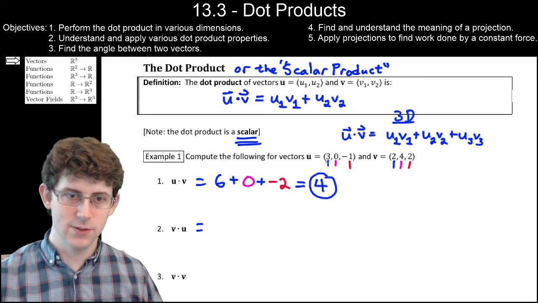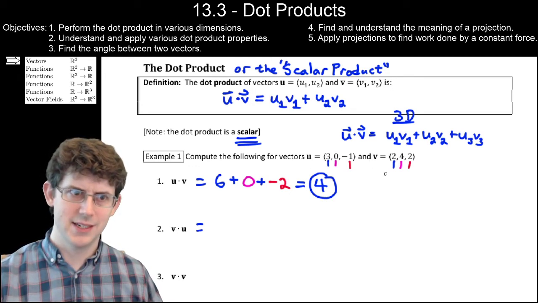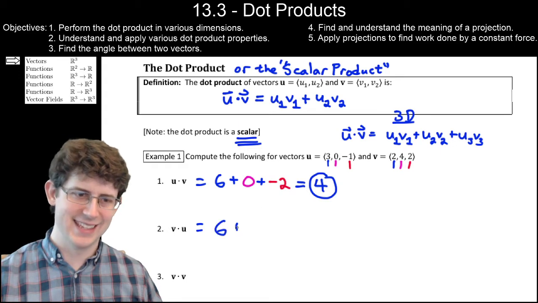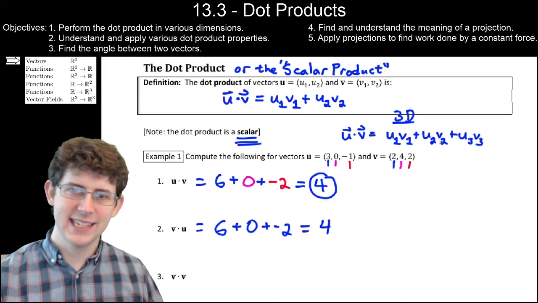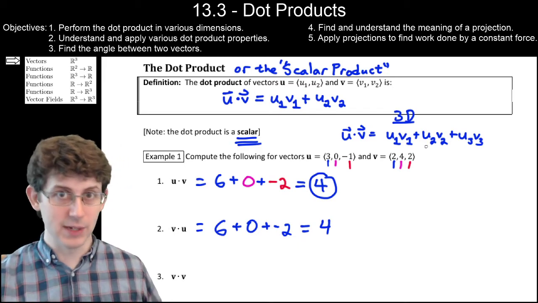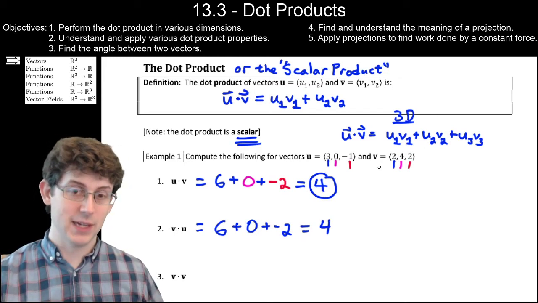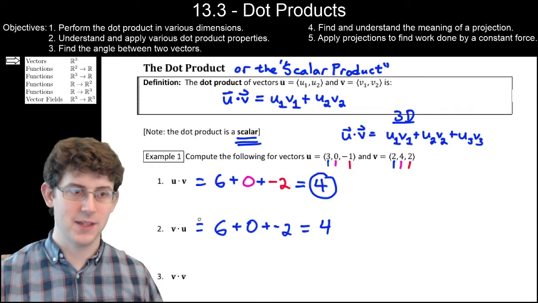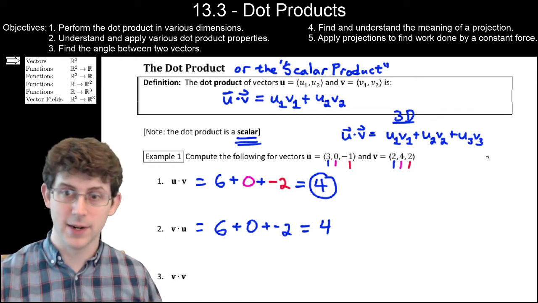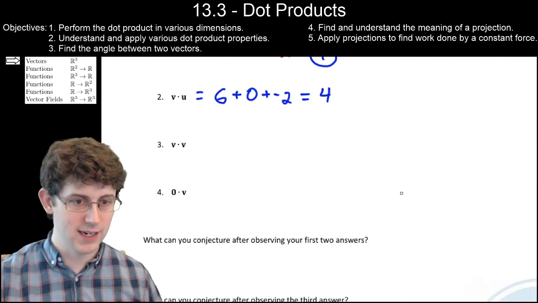If you do v dot u, you'll do the first two components. You get the same thing. Because this is defined based on multiplication of scalars, which is commutative, the dot product is also going to be commutative. Let's get that written down here.